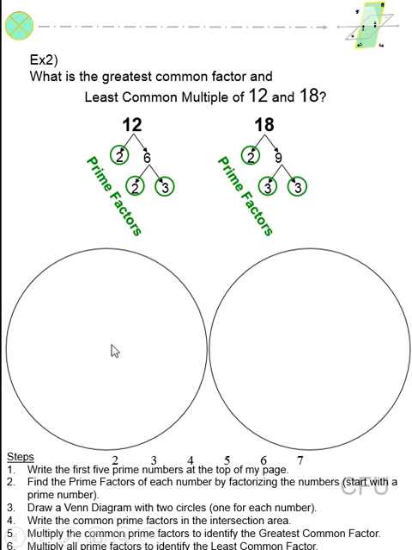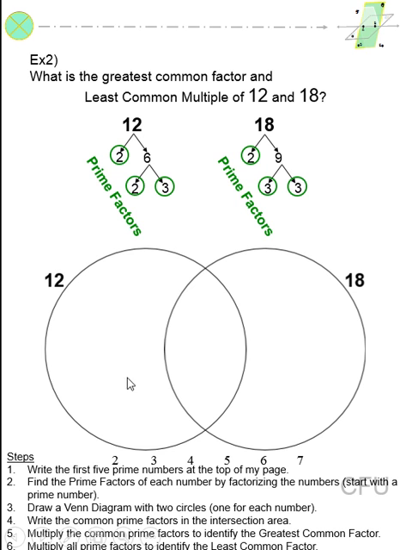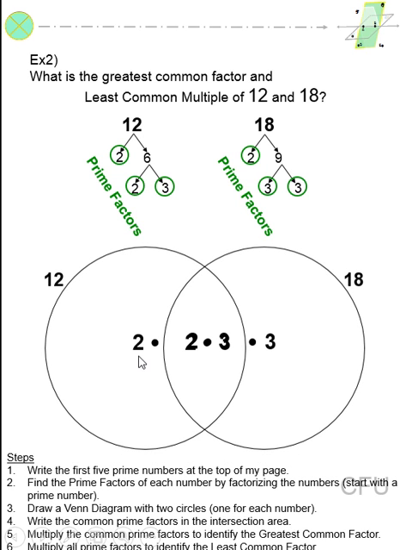So my prime factors for 12 are 2 times 2 times 3, and for 18 was 2 times 3 times 3. So what was my GCF? Did everybody get 6? Okay.